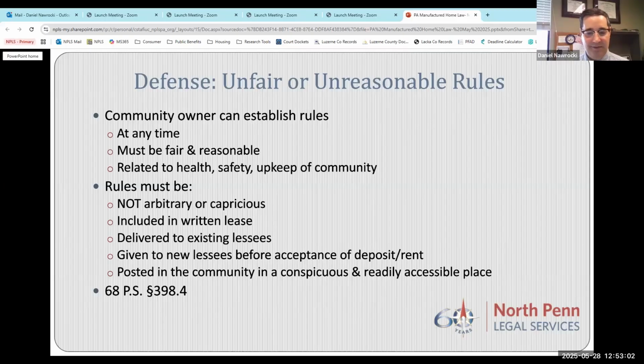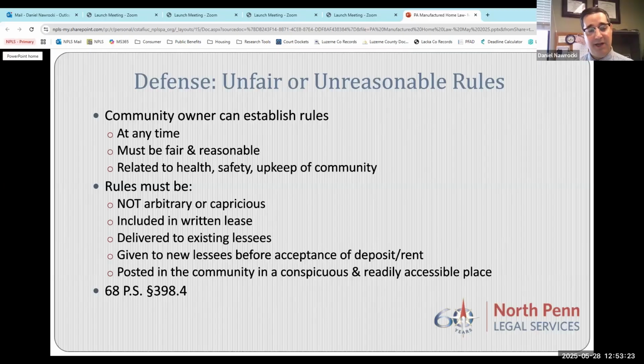A lot of times our clients don't have a copy of these rules. They don't know where the rules are or where to go and view them. They just get served with a notice that says you violated rule whatever of the community rules, and we don't know where the community's rules even are.